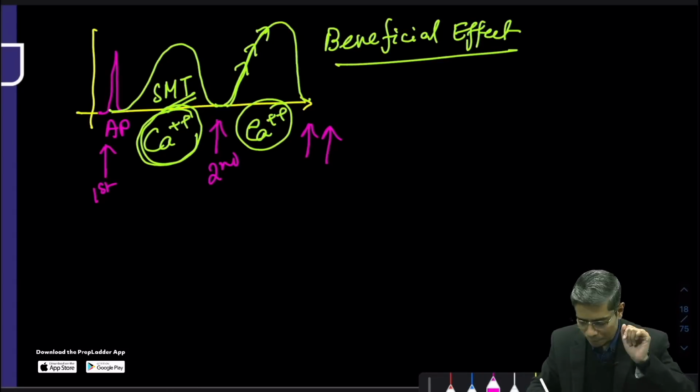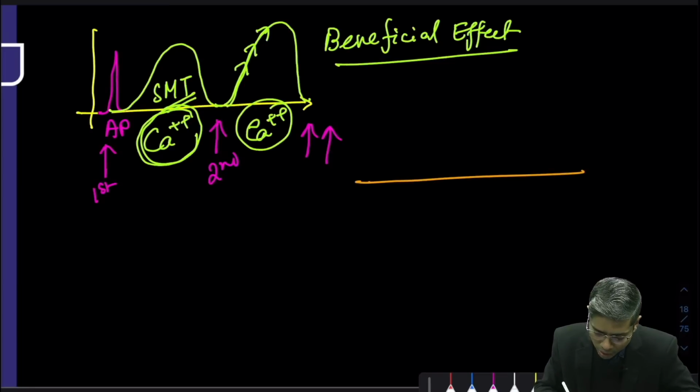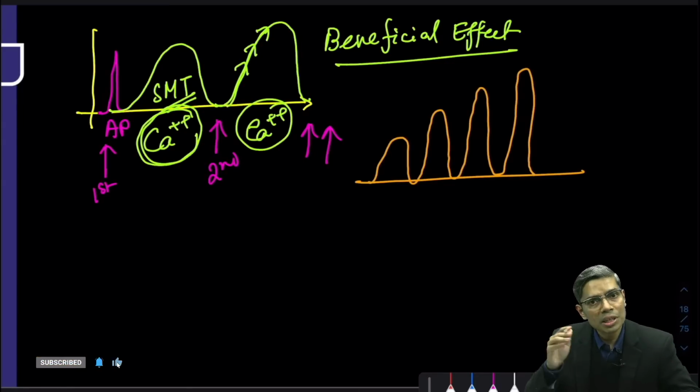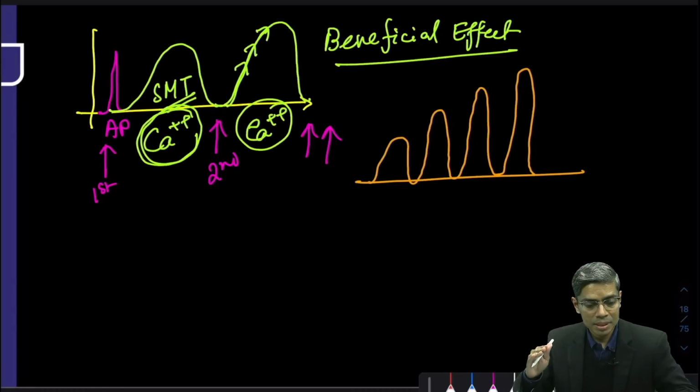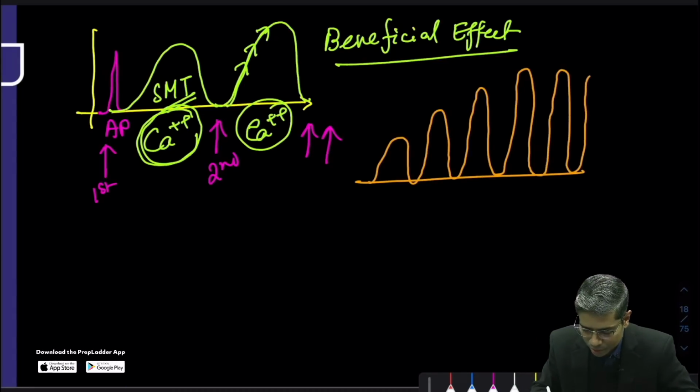Right? So look, if I go on giving this multiple stimulation, contraction, full relaxation, contraction, full relaxation, the height will increase up to the fourth. But after that, no further height increment.